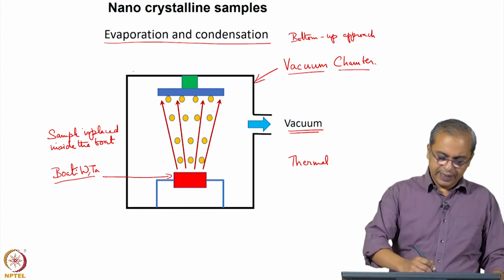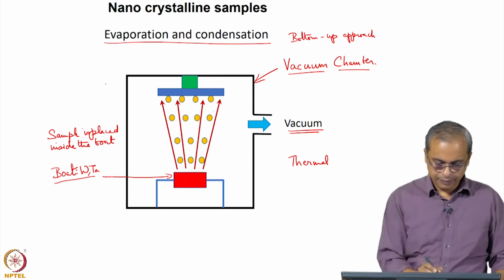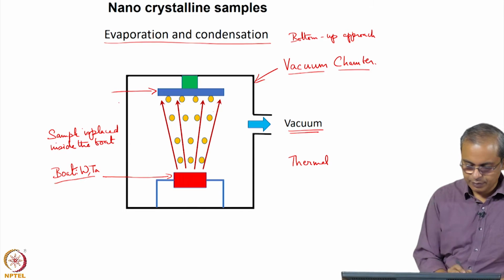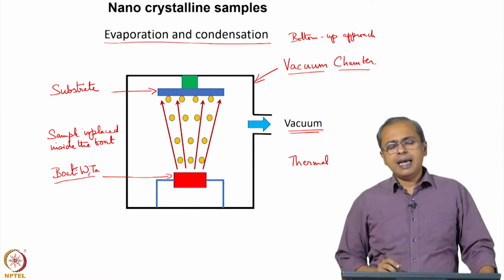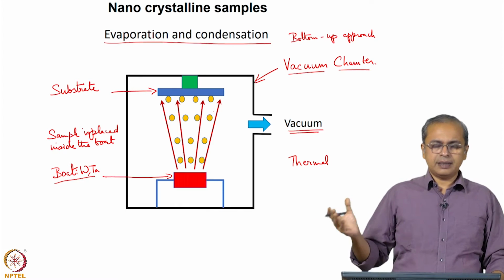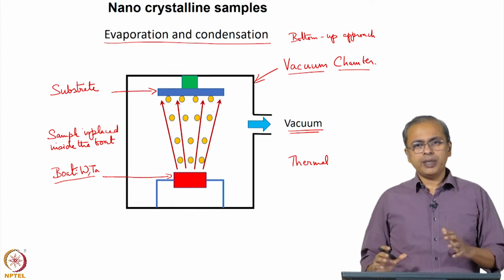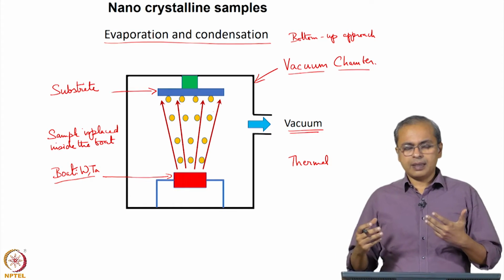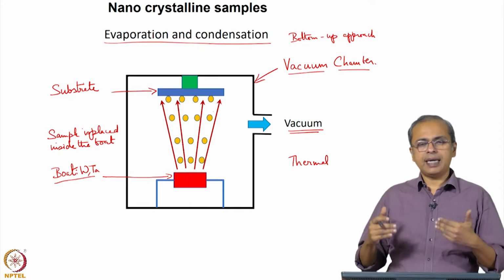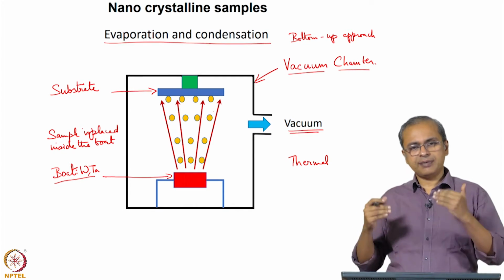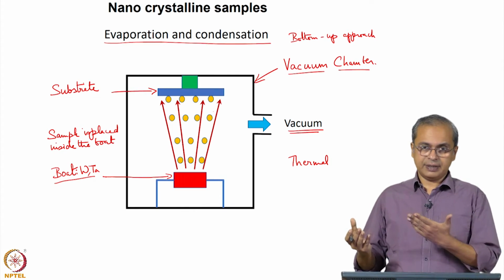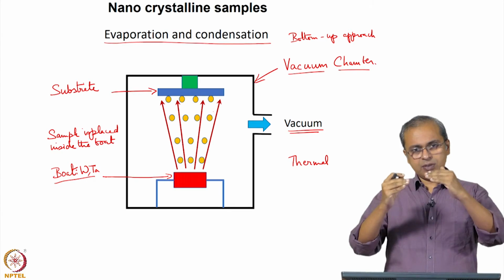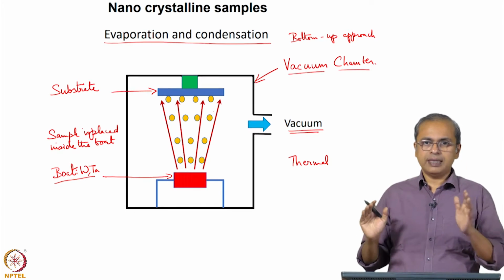Then we have a substrate, and the substrate could be a variety of different materials. It really depends on what experiment you are doing. You could have a piece of glass, quartz glass, some ceramic material, or some other metal surface. Basically it is the surface on which this condensation is going to happen.